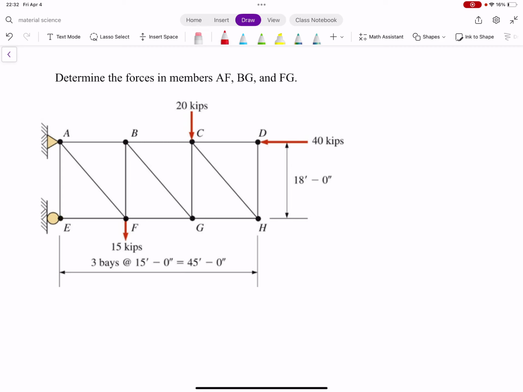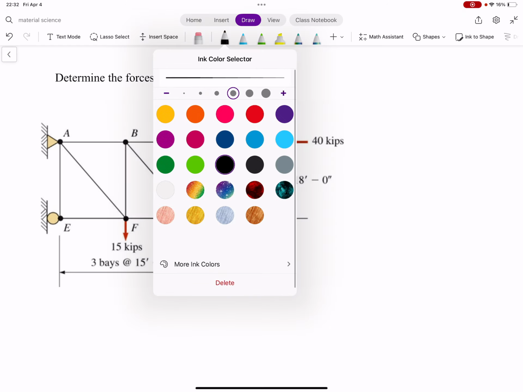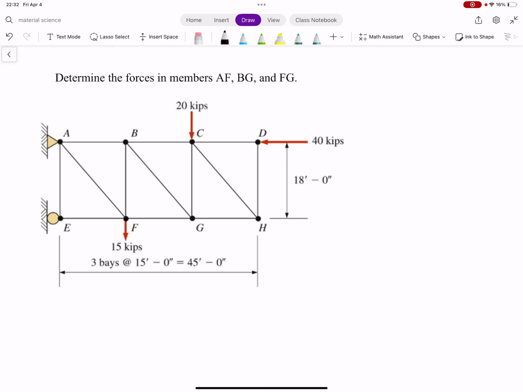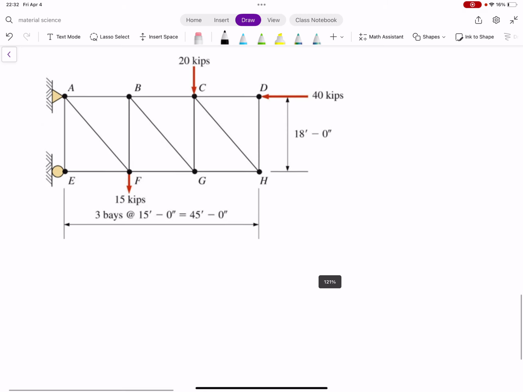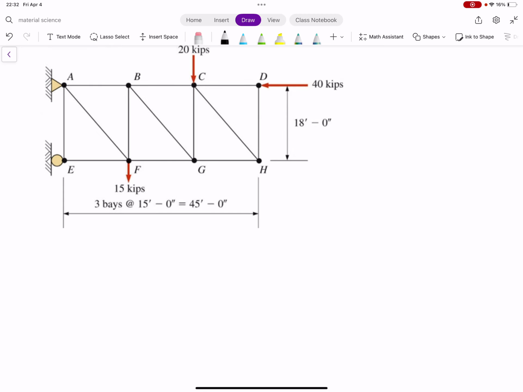So there is no preference. What I'm going to do is first draw the free body diagram, then find the support reactions at points A and E. Again, do not forget to draw the free body diagram.